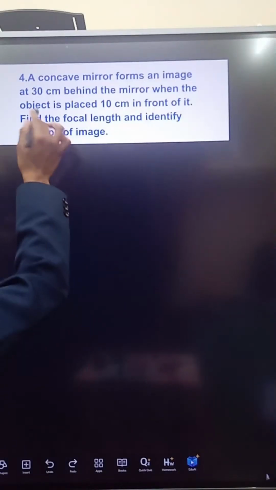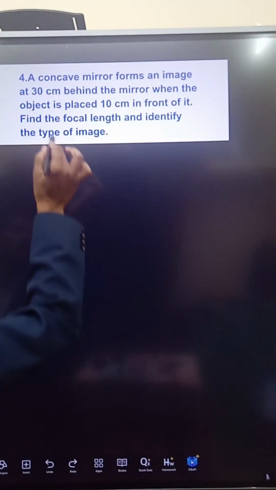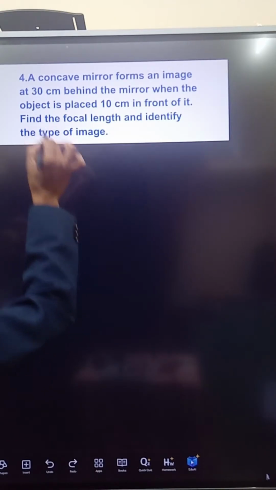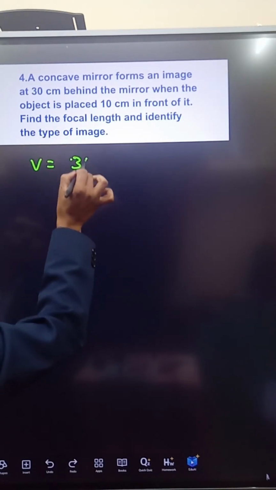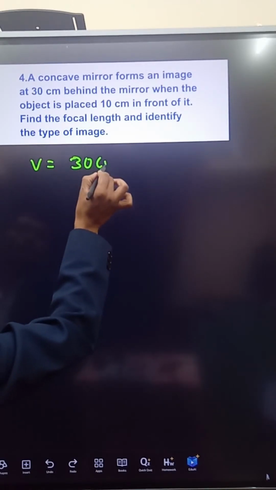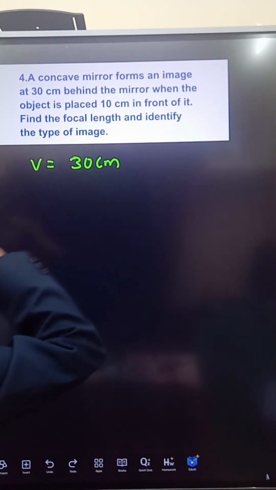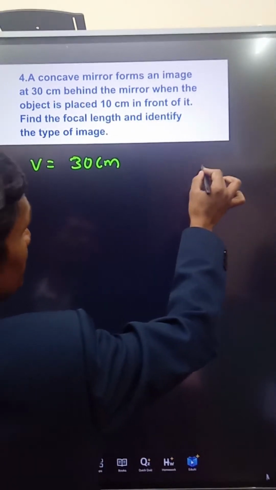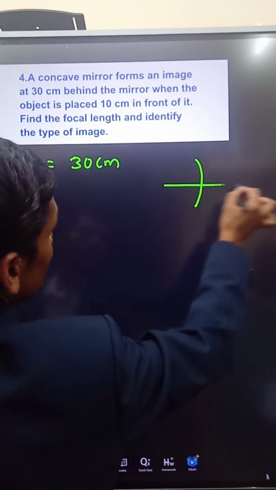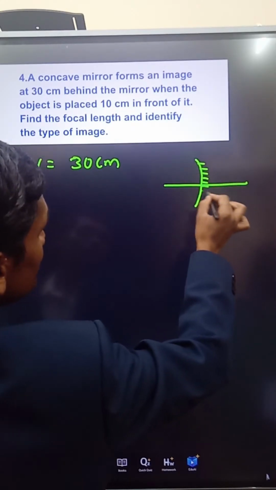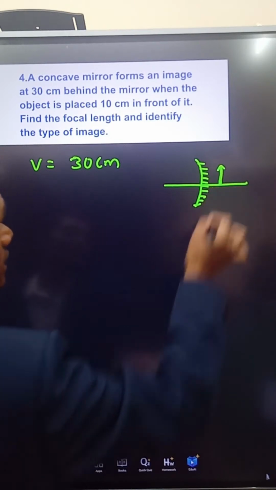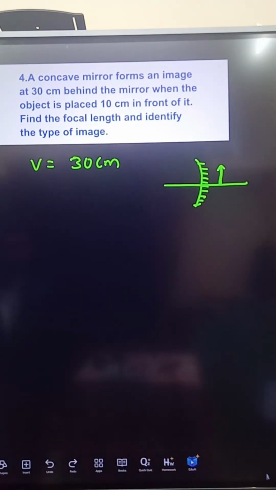See, a concave mirror forms an image. What have they given? The image distance, that is 30 centimeter, they have given, right? This 30 centimeter, how to take the sign? Behind the mirror, concave mirror, but behind the mirror they are saying, right? Look at this. If this is the concave mirror, behind the mirror means you should understand it is virtual and erect.